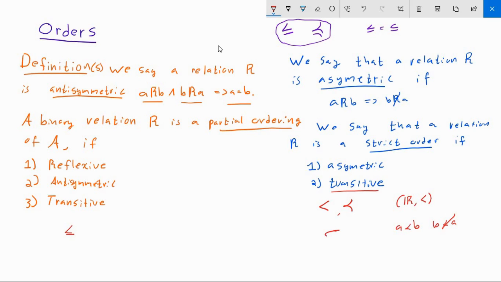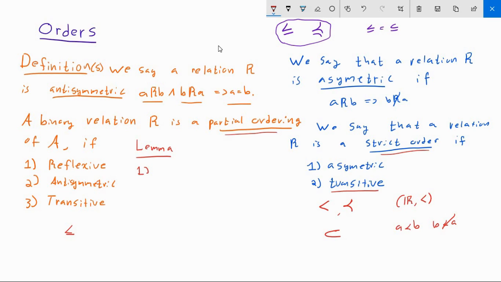The same thing could also be said for things such as the strict inclusion of subsets. So one of the lemmas whose proofs I'm going to forego at this point connects the ideas of a partial ordering to that of a strict ordering.